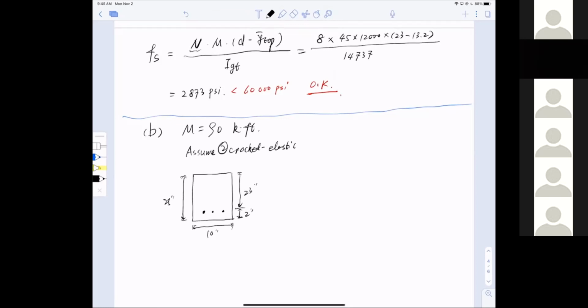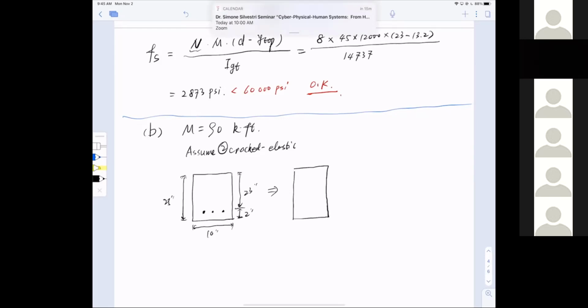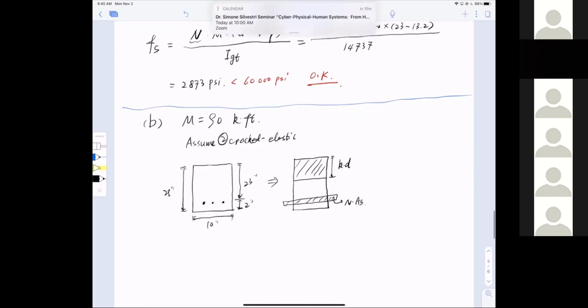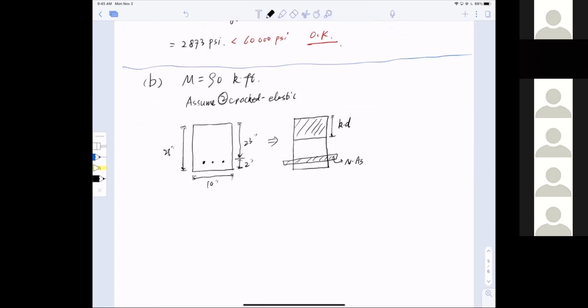Now with this, I can convert the section into a compressed block at the top here, and a tension bar here. Remember we said in cracked elastic, this is kd, and this is the neutral axis. Several things before we start.